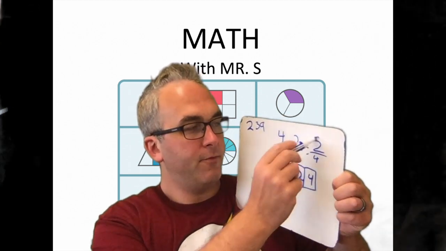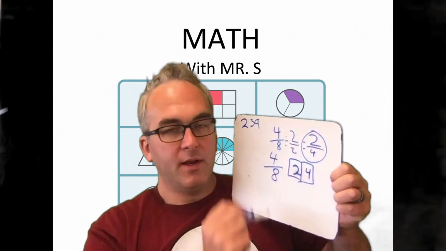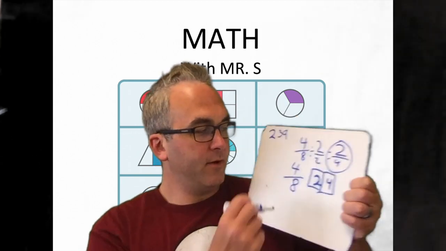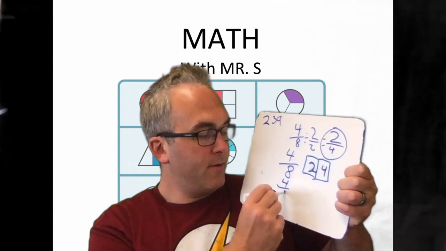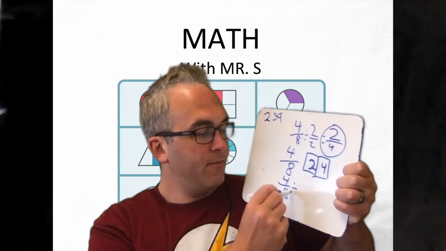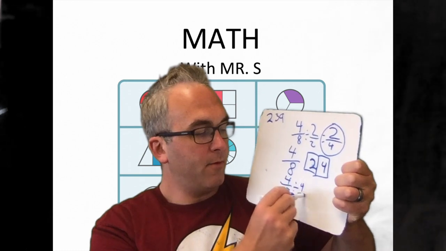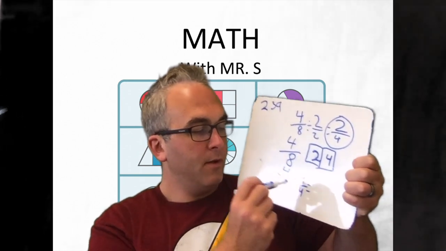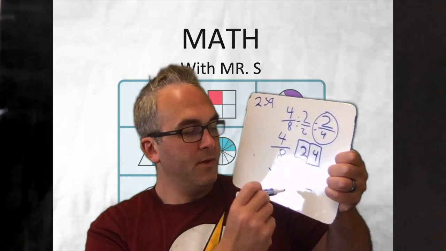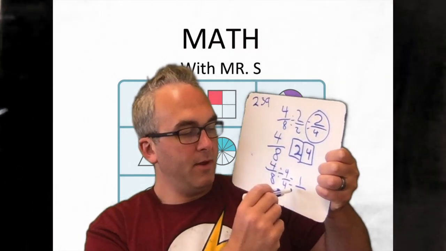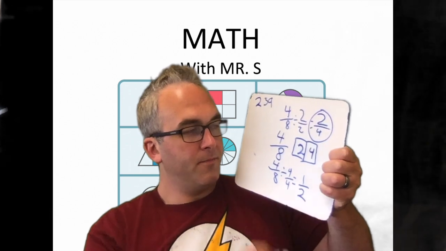So we have 2/4 if we reduced it by 2. But let's see what we would get if we reduced it by 4. So 4/8 divided by 4 over 4. 4 divided by 4 is 1. 8 divided by 4 is 2.